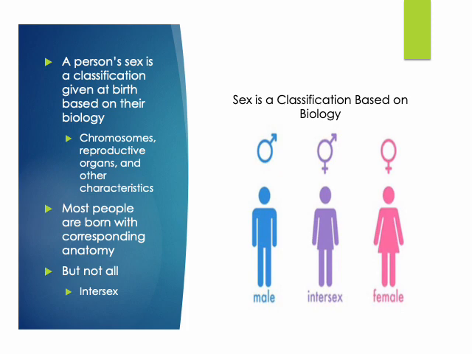But some people are not born with corresponding sets of anatomy. People can be born with both ovaries and testicular tissue. They can be born with both a penis and a vagina, for example. And when people are born without corresponding sets of anatomy, then the category that they are assigned is intersex.